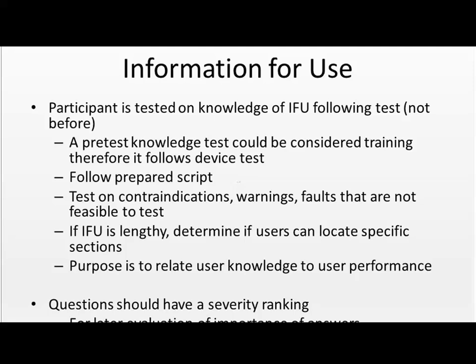You want to relate the user knowledge to the user performance. All the questions that you ask should have a severity ranking, and the purpose of this is to evaluate the importance of the answers.